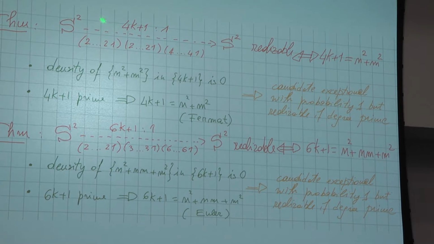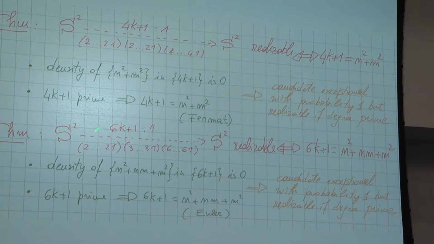If you want to have a cover of the sphere onto the sphere of degree congruent to 1 modulo 4 with partitions 2221, 2221, and 4441, then this is going to be realizable if and only if 4k plus 1 can be expressed as the sum of the squares of two integers.